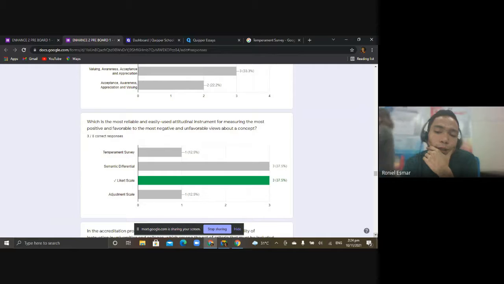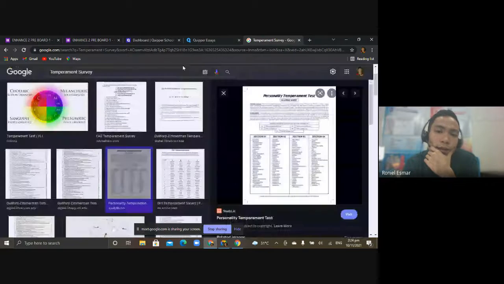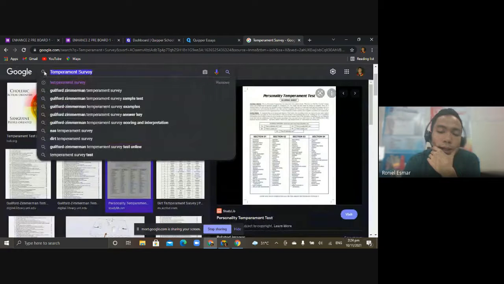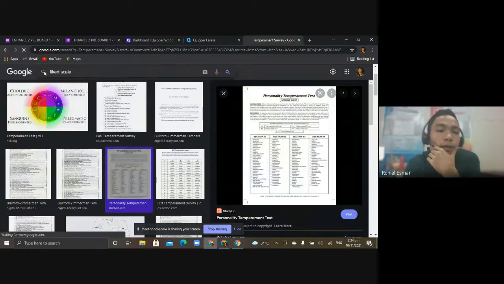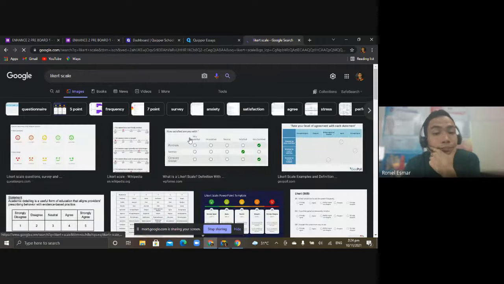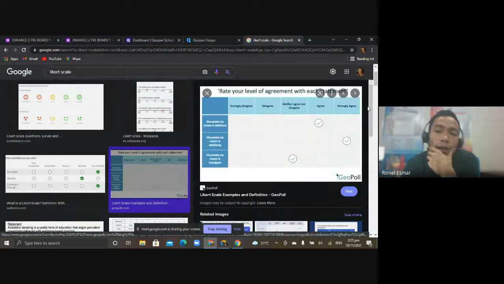No, you're actually pertaining to the Likert scale, which is the correct answer. Now, let's look at an example for a Likert scale. This is an example of a Likert scale. The statement is, chocolate ice cream is delicious.